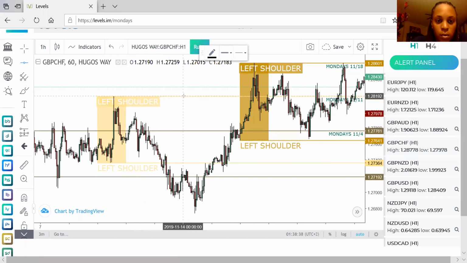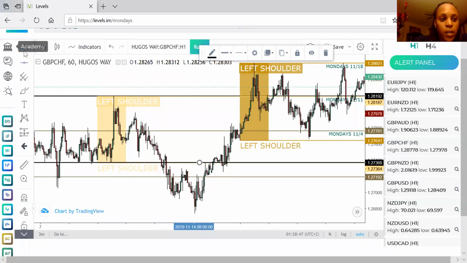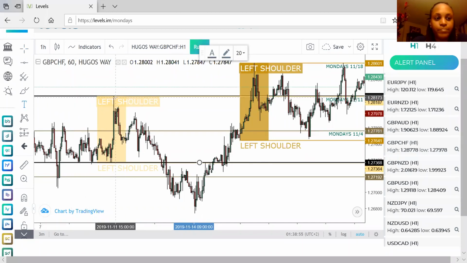So let's go here. And let's go here. So this is the Monday region here, this particular Monday that we're looking at. Yeah. So Monday region, you see left shoulder here? Great. So this is the Monday region, right?